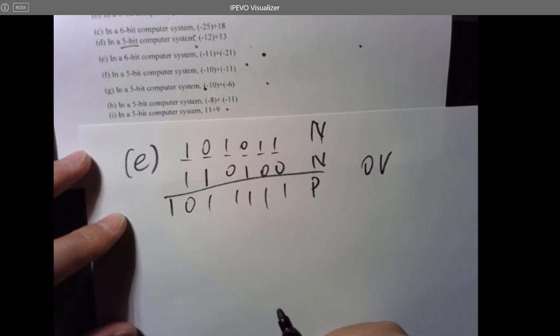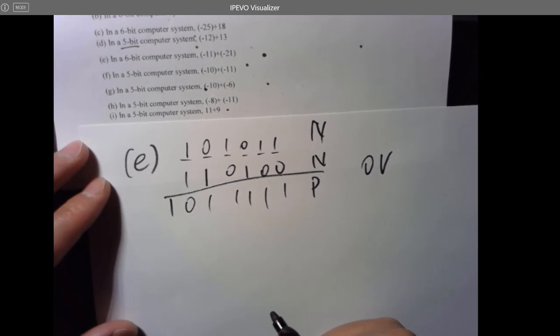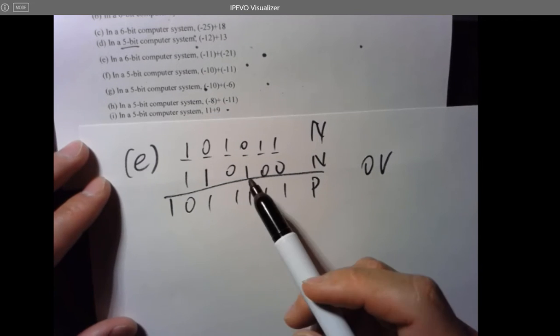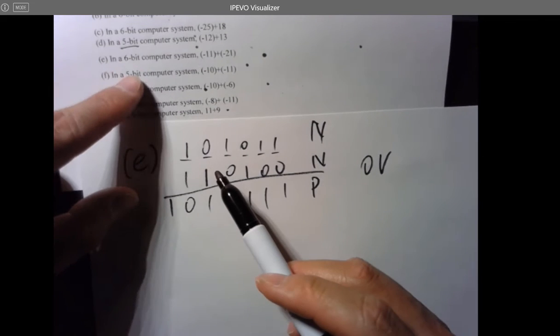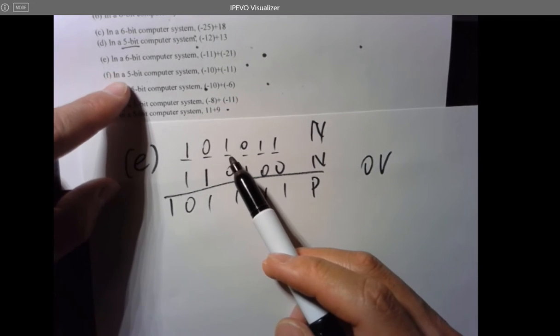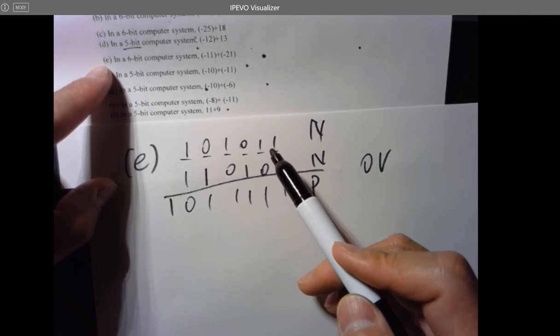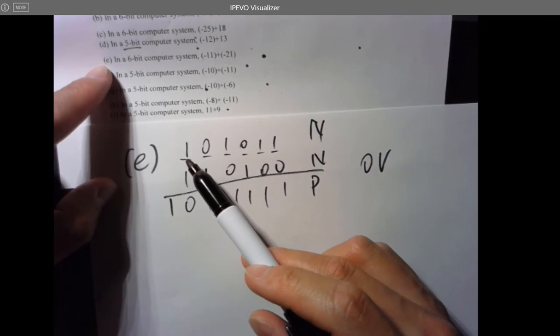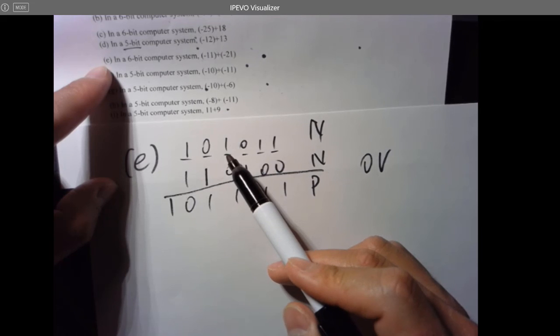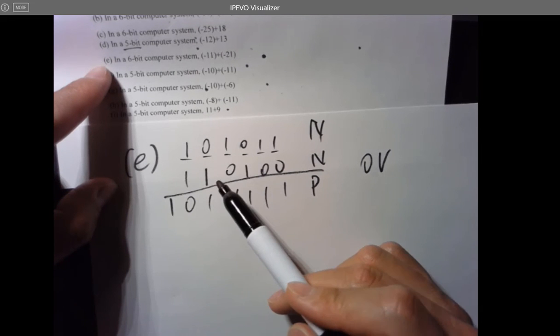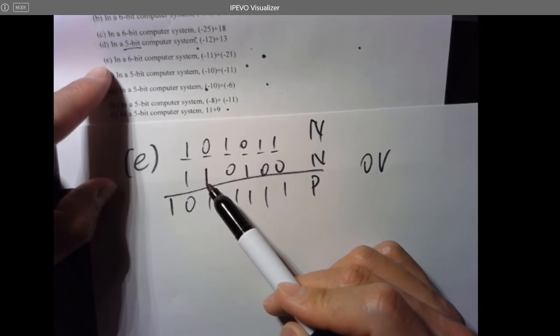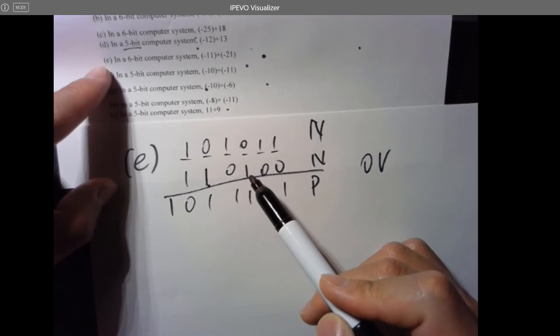Wait, hold on. Let me double check this really quick. It's a 6-bit computer system. Minus 21, you need a minus 32 plus 11. So it's minus 21. And this is minus 16 plus 4.